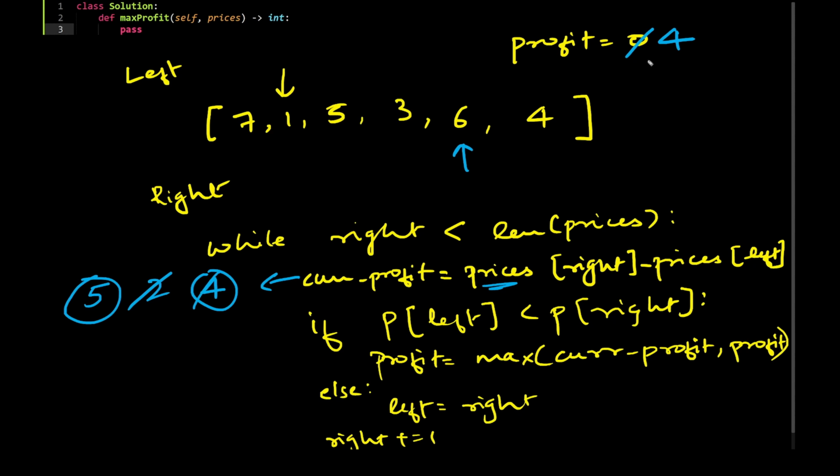That is why profit's value will be updated, and this will become equal to 5. All right, and right will be incremented again. So I could remove this over here. The pointer will come over here, and it will repeat. Exact same situation. Profit's value is still 5 because out of 4 and 5, 5 is maximum. And towards the end, I will want to return the profit.